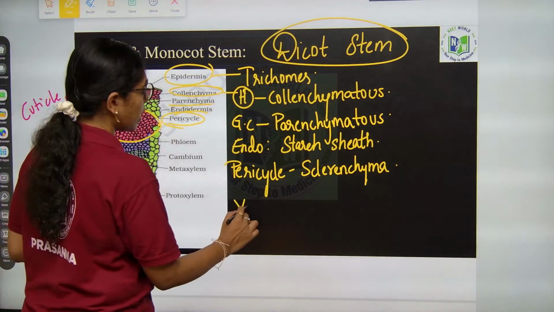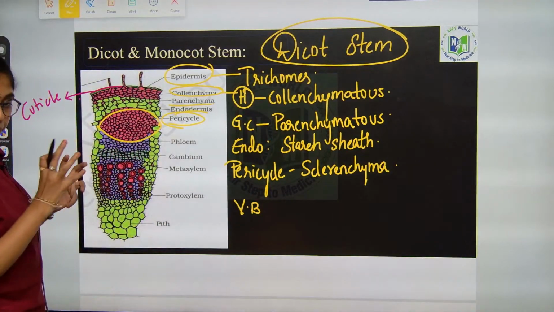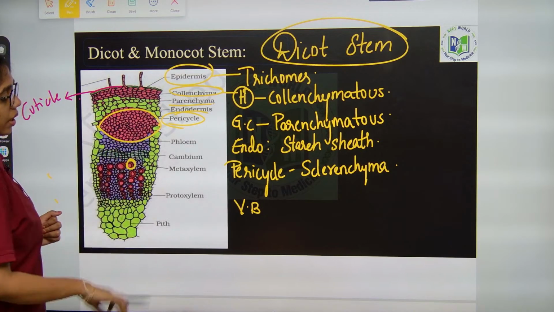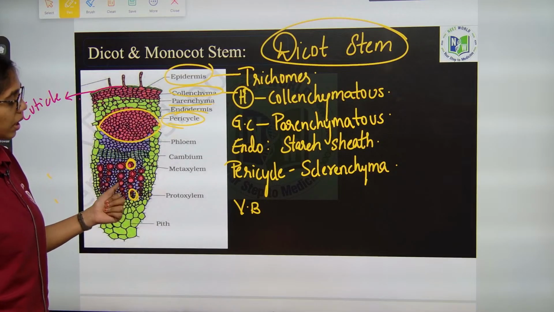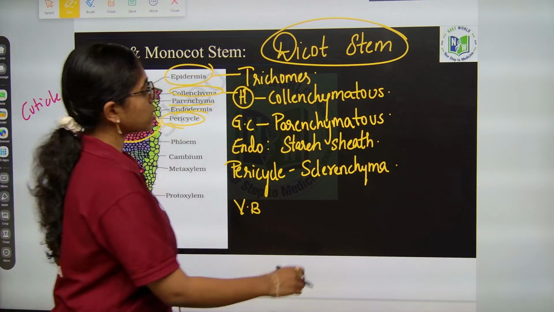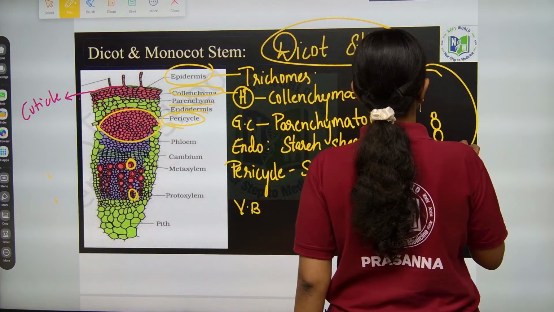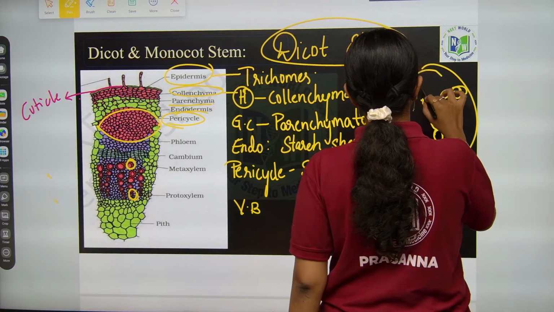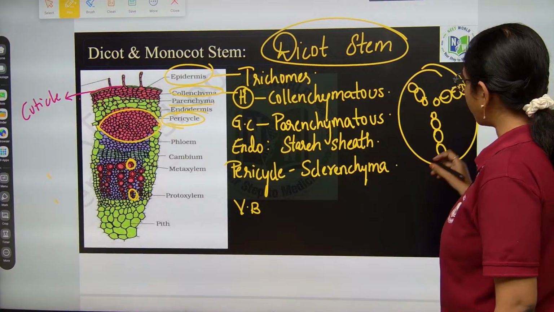Vascular bundles here, if you see how vascular bundles are arranged. Primary xylem we will observe first. Metaxylem is towards the periphery, that is pericycle. Protoxylem is towards the pith. Protoxylem is towards the center or pith. Metaxylem is towards the periphery, like this. Protoxylem is towards the center, metaxylem is towards the periphery.